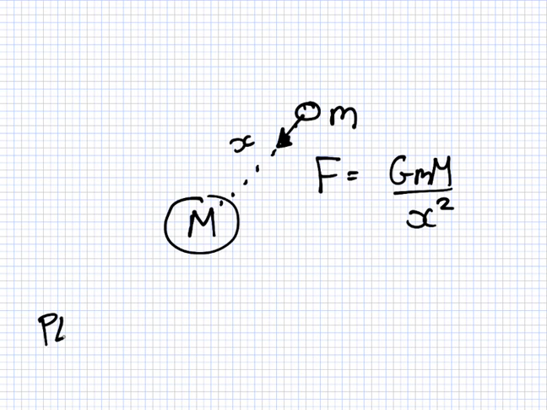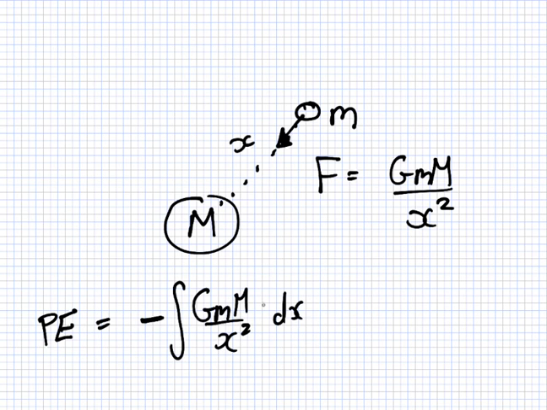So if I want the potential energy, that should be minus integrate GMm over x squared dx. And you know what, I will put the minus in here, so there's a minus here. I really should have the plus or the minus to show the direction. So the minus being it's going towards the origin instead of away from it.